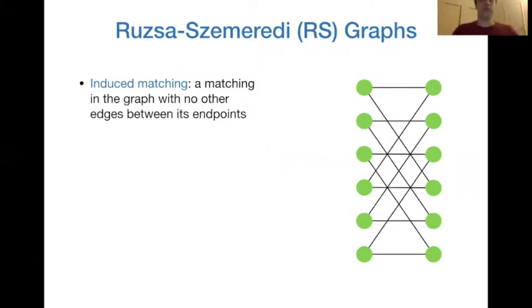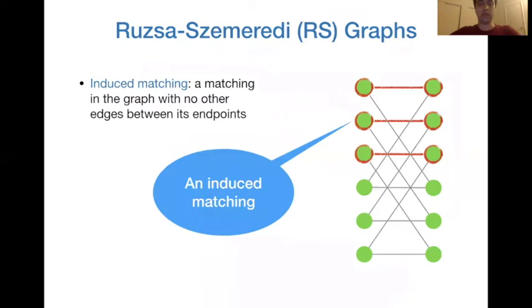The starting point of the proof is to use this very remarkable family of graphs called RS graphs, or Ruzsa-Szemeredi graphs. So, a quick definition: a matching in a graph is called induced if between this set of vertices there are no other edges. So this is an induced matching because between the red vertices there are no other edges other than the matching.